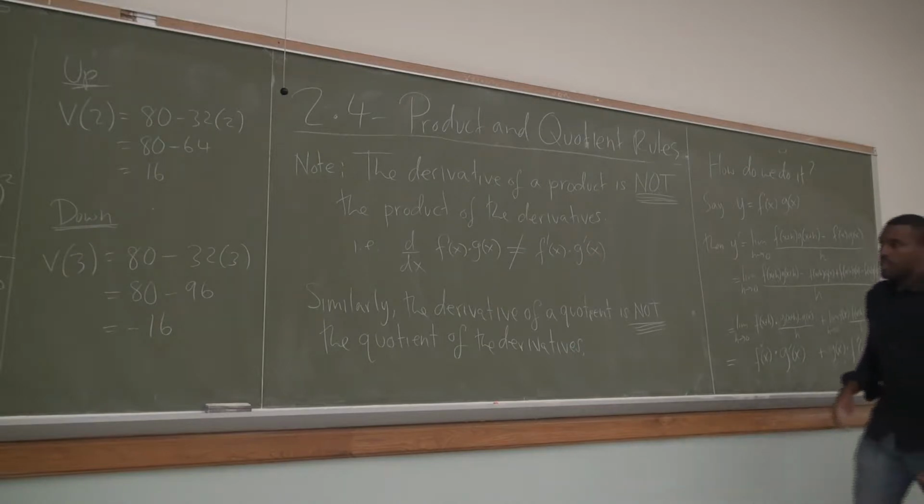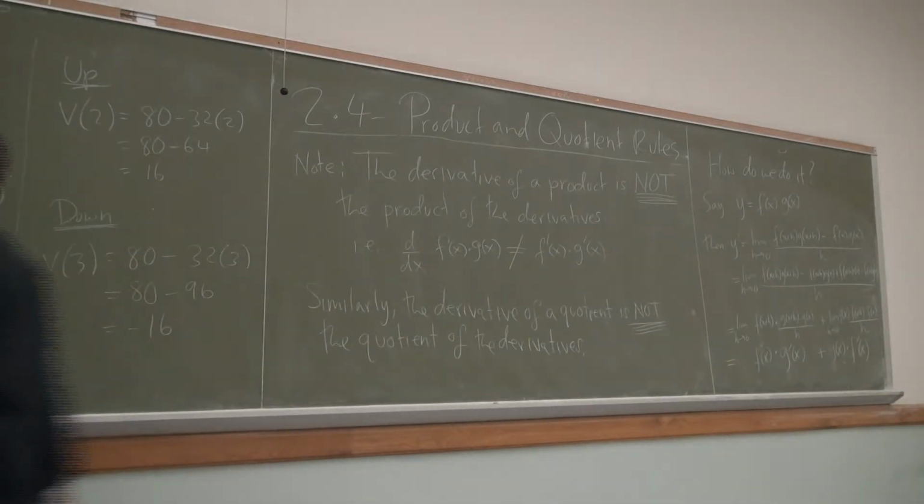Okay. This is called the product rule. Very, very important rule. The derivative of f times g is equal to f prime g plus f g prime.